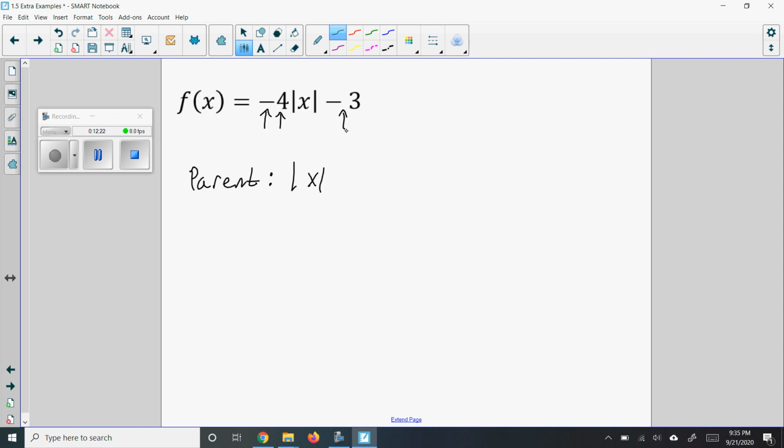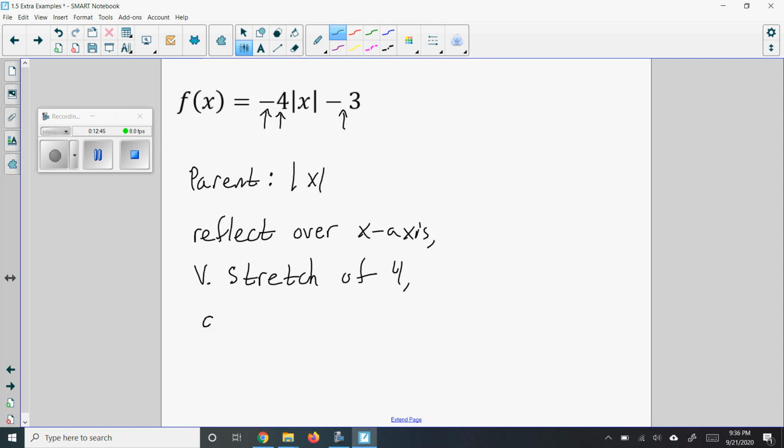So the minus on the outside corresponds to a reflection over the x-axis. The 4 on the outside corresponds to a vertical stretch of 4. And the minus 3 corresponds to a down 3.